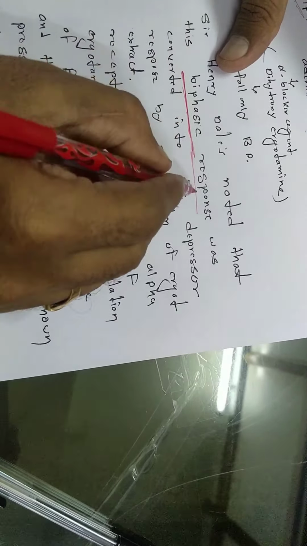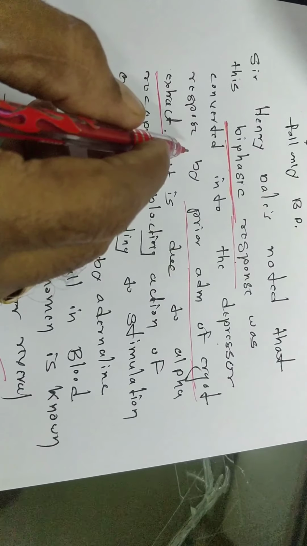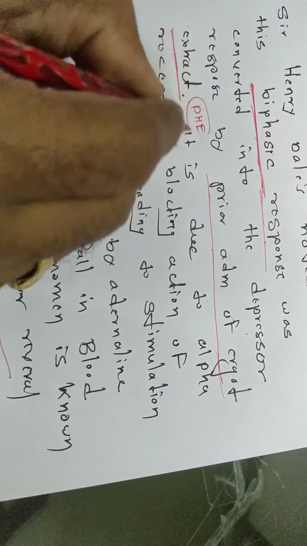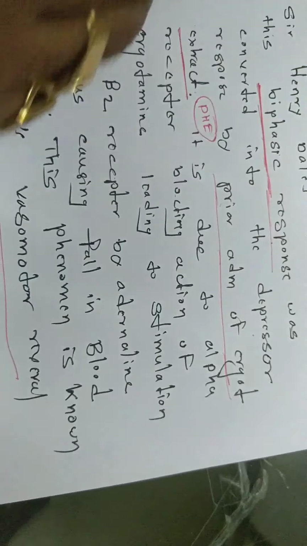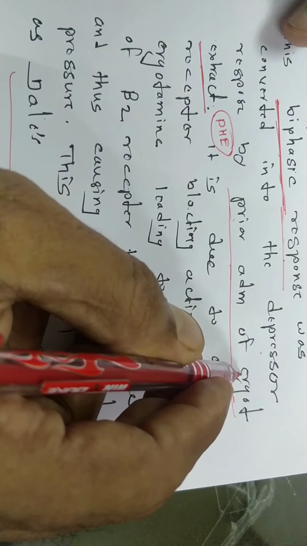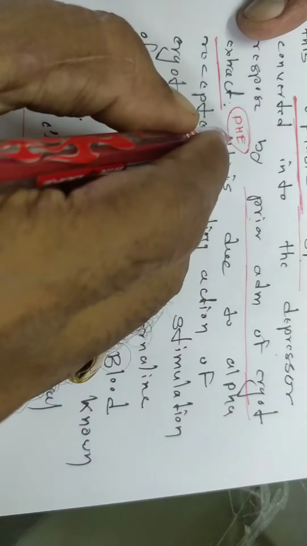That response can be converted from stimulation to depression by prior administration of ergot alkaloids, that is dihydroergotamine.